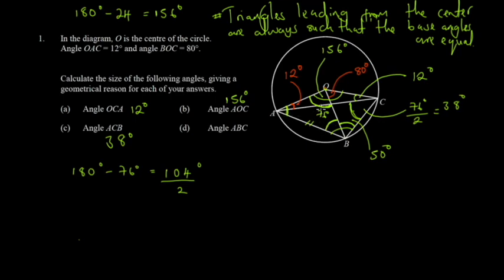So it's 76 from 180, you get 104. Then you divide 104 by 2, you get, no, you get 52. Okay. So once you get 52, you now know that this is 52 degrees. So now this angle is equal to 52 plus 50, which is 102 degrees.